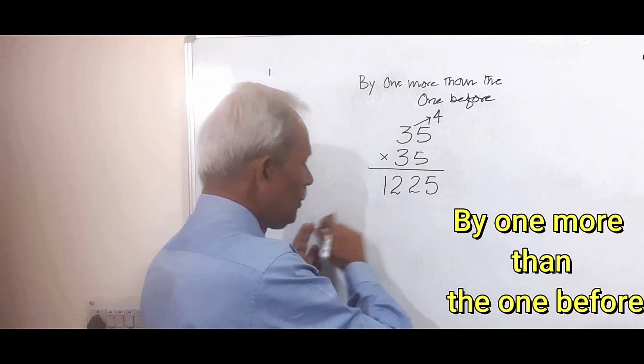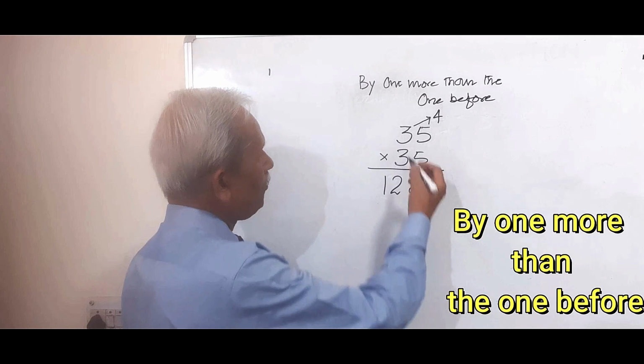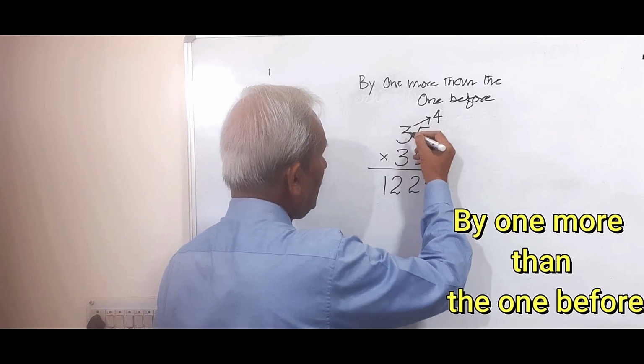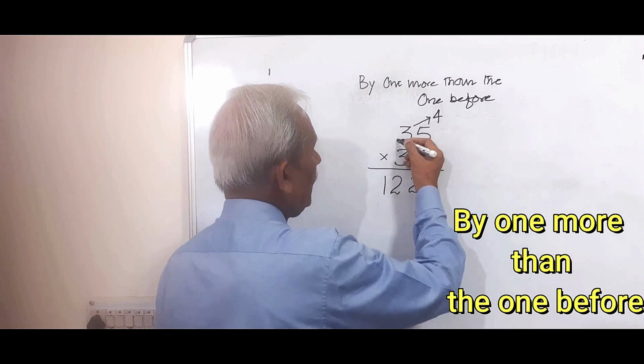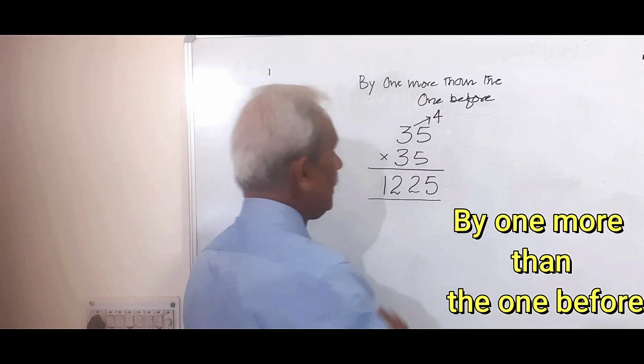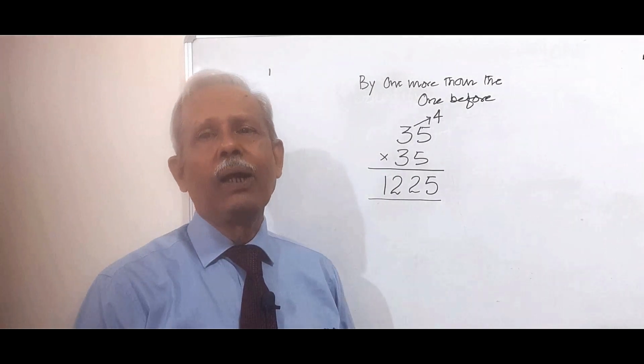We need not do all those elaborate calculations. So this formula says by one more than the one before, one more than 3 is 4, 3 into 4 is 12, 5 into 5 is 25, and that is the answer. This is how we have used this particular sutra in this particular problem.